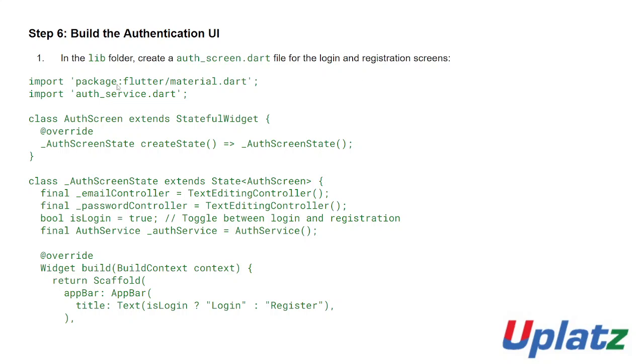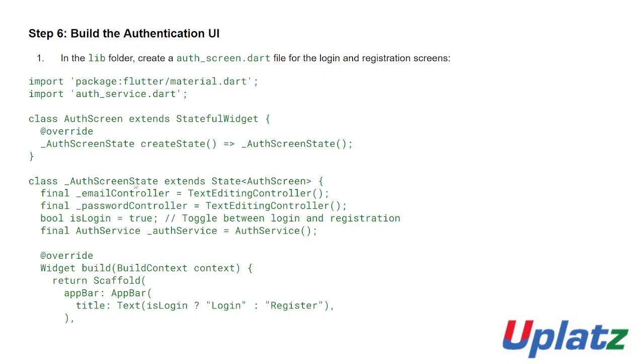Import package:flutter/material.dart, import auth_service.dart. class AuthScreen extends StatefulWidget, open brackets, @override _AuthScreenState createState function is called, then there is an arrow _AuthScreenState. This class is initialized here.